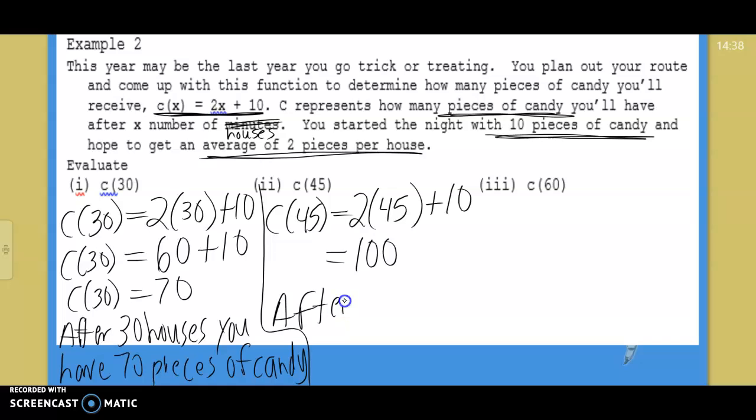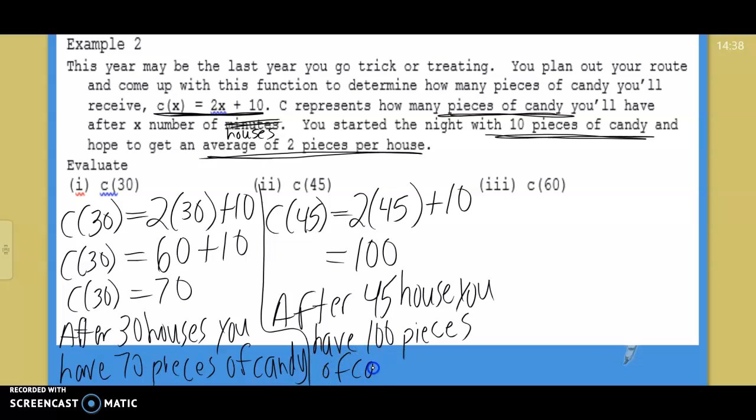Exactly. After 45 houses, you have 100 pieces. I know a lot of people are running low on room, and they've told me that that's why they didn't write these statements. But please, the statement is probably more important than the actual work because it's putting this into the real world, into real life.